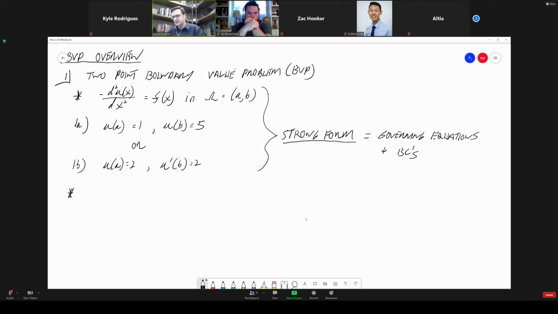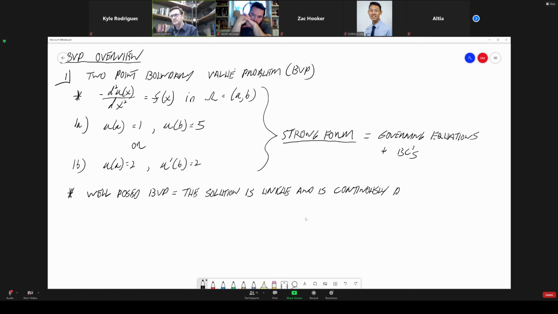And this star means this is a well-posed boundary value problem, which means the solution is unique and is continuously dependent on, I guess the best way to describe this is, the data.